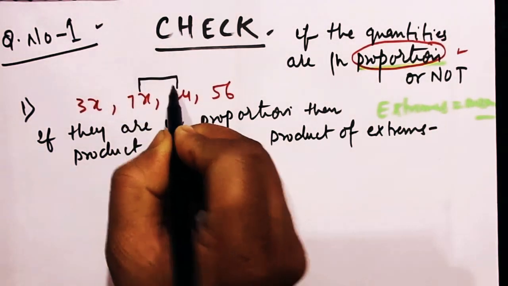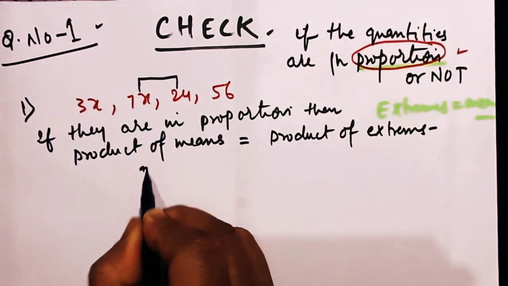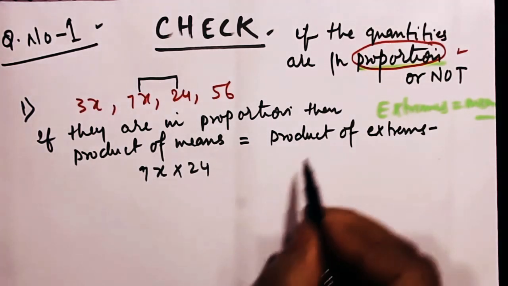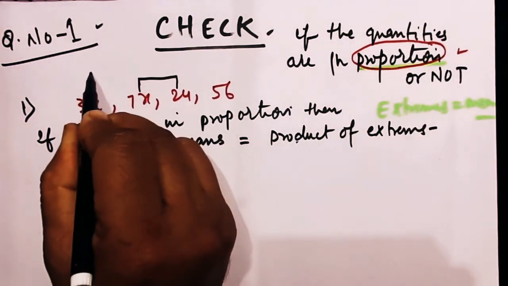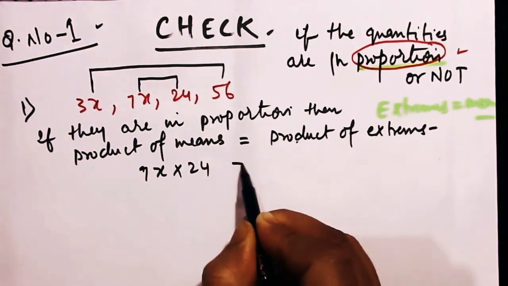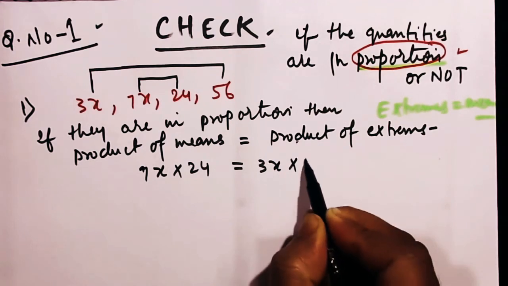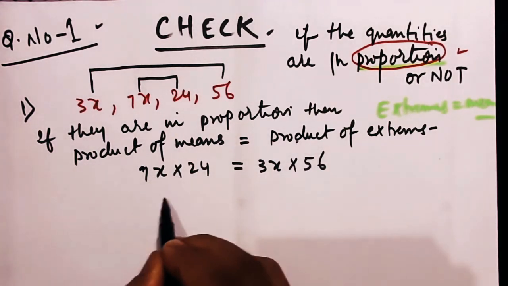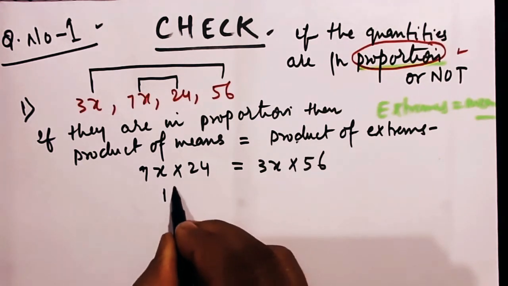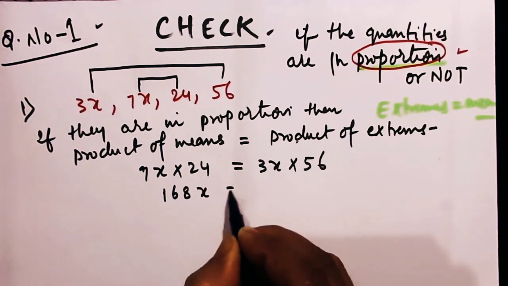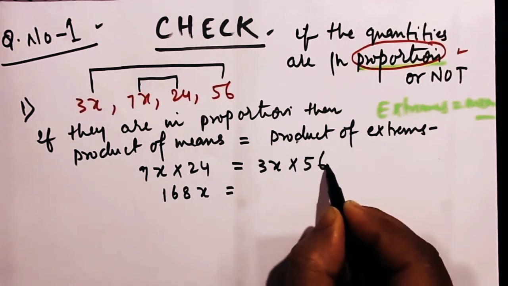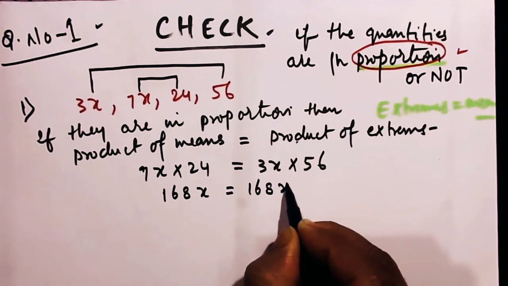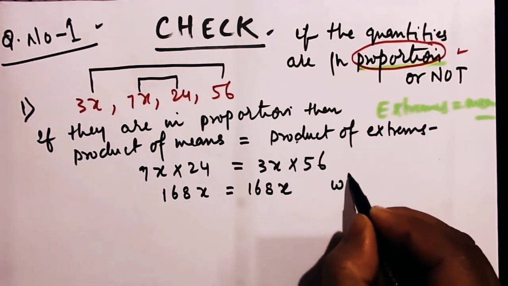Since I have written means first, I am going to multiply 7x and 24, and then product of extremes, 3x and 56. So I find 7x into 24 is equal to 168x, and 56 into 3x is equal to 168x, which is true.